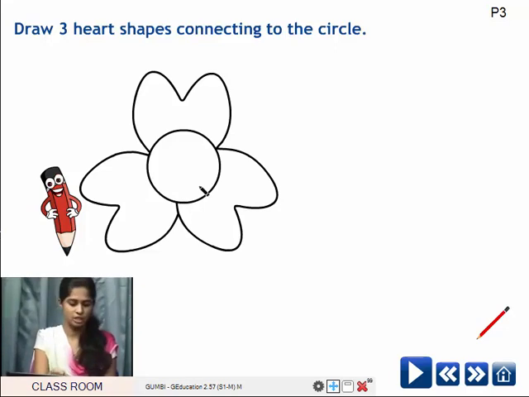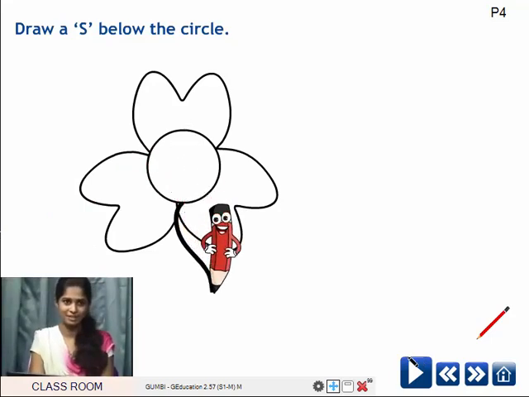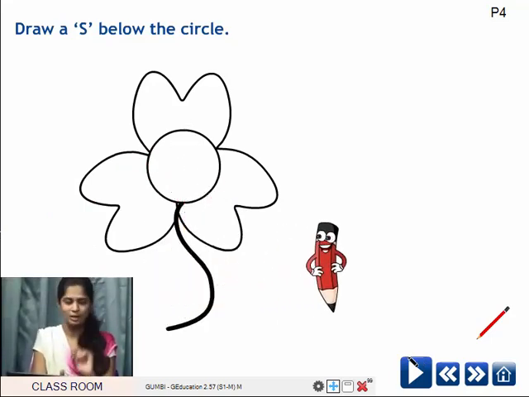So below the circle means it is here, and the two heart shapes are joining at this point. So you have to draw a shape from this point. Draw a shape.